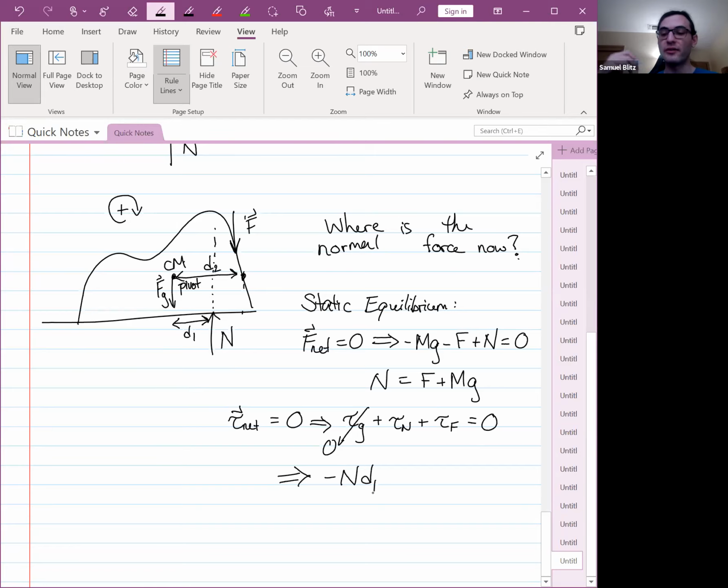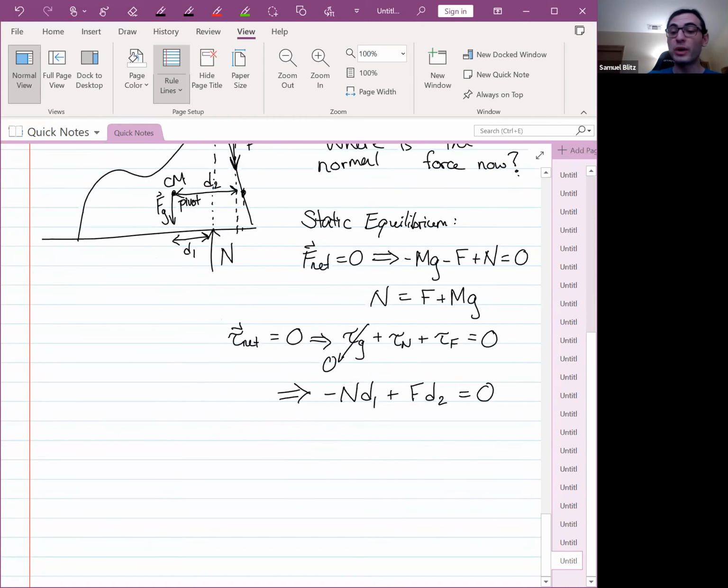And then the torque due to the applied force F, again extending this force line, the moment arm distance is d2, the force has magnitude F, and it produces a clockwise rotation about our pivot point. So the torque produced by the force F would be F times d2. That's equal to zero.